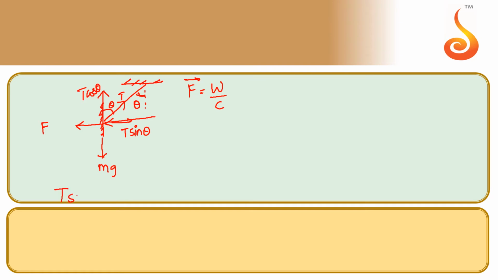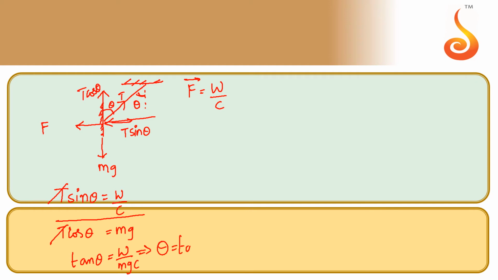So T sin theta is equal to F, which is nothing but W by C, and T cos theta is equal to mg. Let us take the ratio between them. T gets cancelled. Sin theta by cos theta is tan theta, equal to W by mgc. So from this we can calculate the angle of deflection: theta is equal to tan inverse of W by mgc.